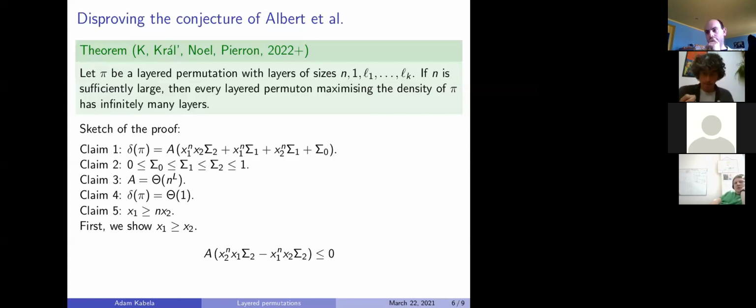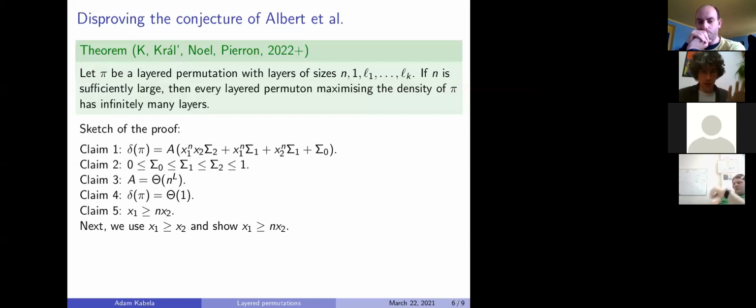And by the optimality of the permutation considered, this difference should not be positive. And we get that x1 is greater or equal x2. Next, we use this to show that in fact it is much larger.